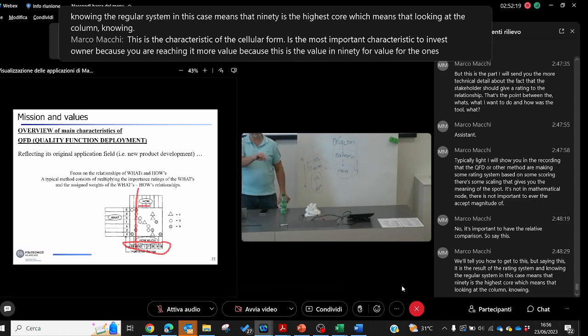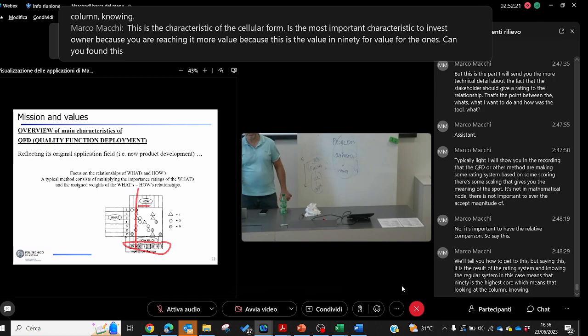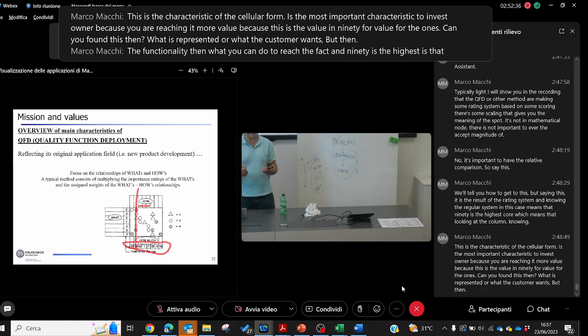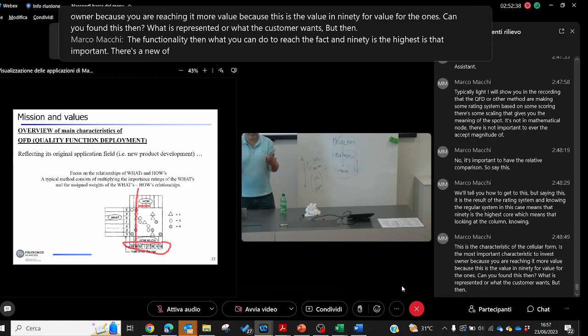Can you follow this? The what's is representative of what the customer wants, the value, or the functionality with some value. The hows are what you can do to reach the value. And 90 is the highest score. Is it important as a value of 90? No, it's important the relative order, the relative mark.